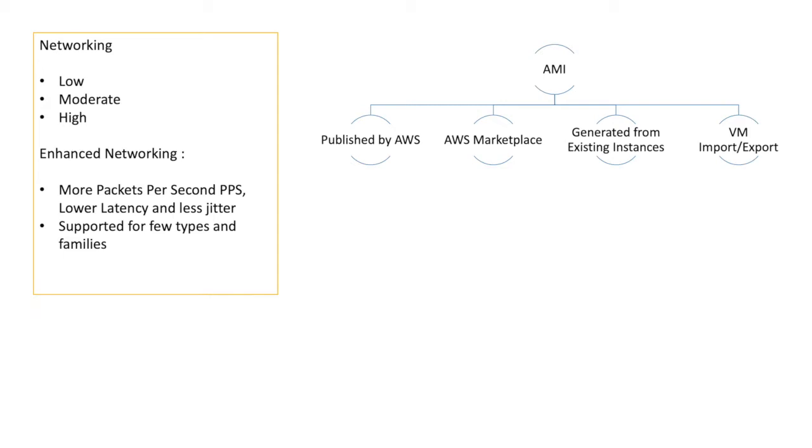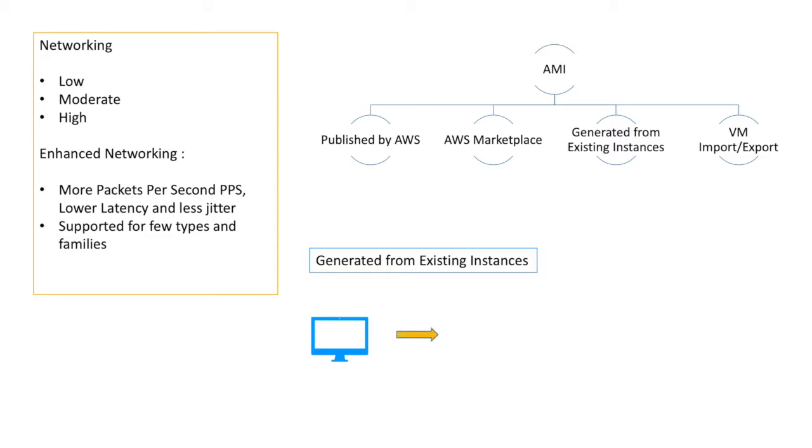Okay, now generated from existing instances, this is important. What it says is, you have a machine that you bought as an EC2 instance in AWS. You configured it the way you want it. You configured certain applications on top of it, and now you want many machines that would be the exact replica of what you have already generated.